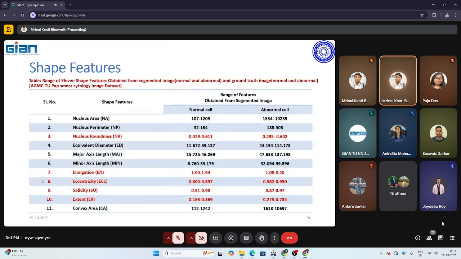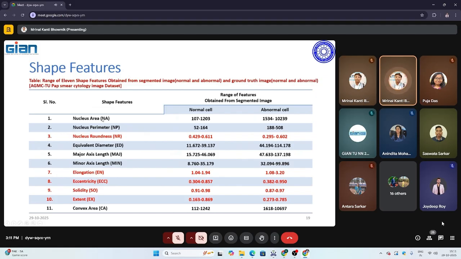So when we calculated all these shape features on this AGMC-TU pap smear cytological image dataset, we found this data, where the nucleus area of normal cells ranges from 107 to 1203, and for abnormal cells, the nucleus area ranges from 1534 to 10,000.